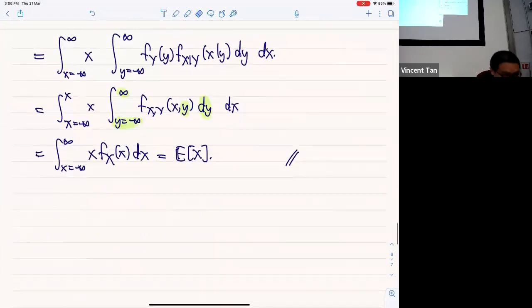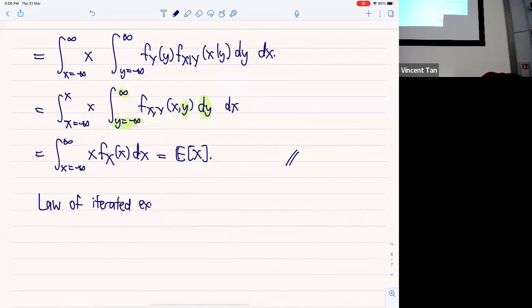This has a name, and it is super important. It is called the law of iterated expectations. The expectation value of x can be written as the expectation value of the expectation value of x given y.